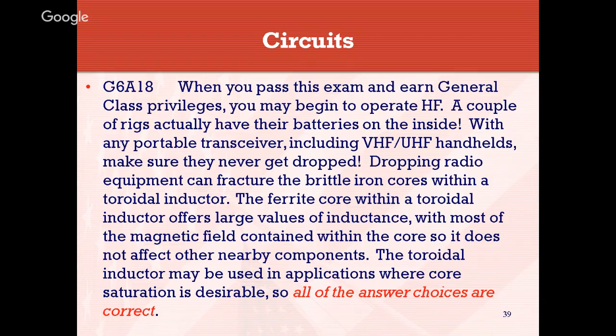When you pass the exam and earn your general class privileges, you may begin to operate HF. Remember that when you do that, you give your call sign if you're operating on those general class privilege bands. You give your call sign that was assigned to you as a tech, followed by the /AG.